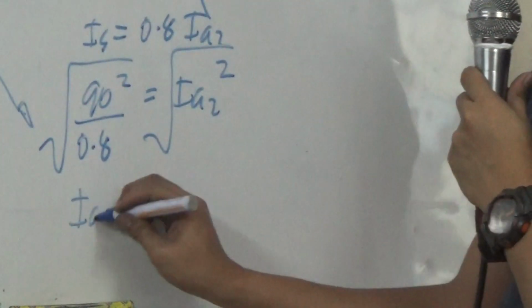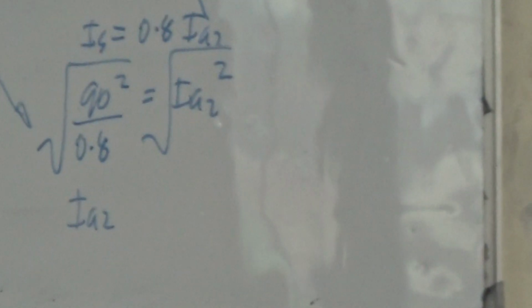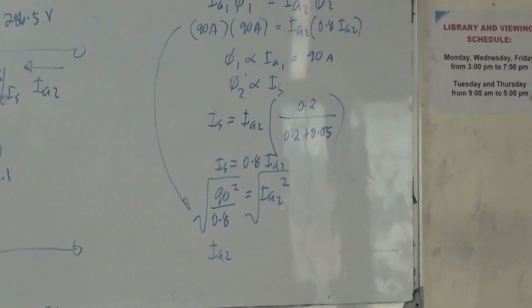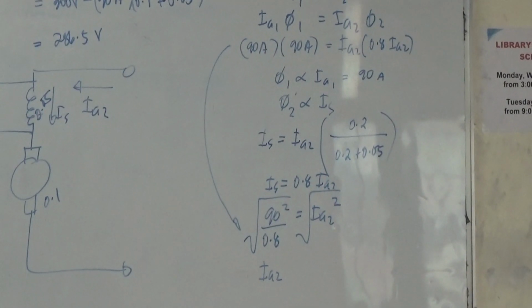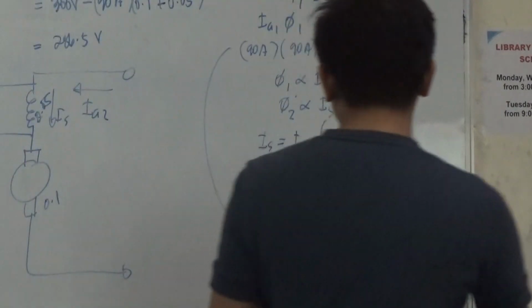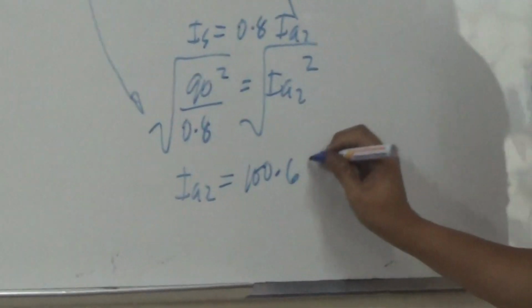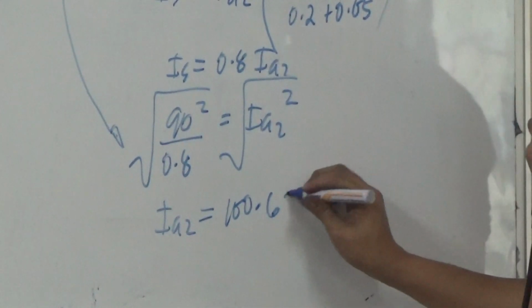Makuha natin si IA2. IA2 is equals to 100.62 amps.